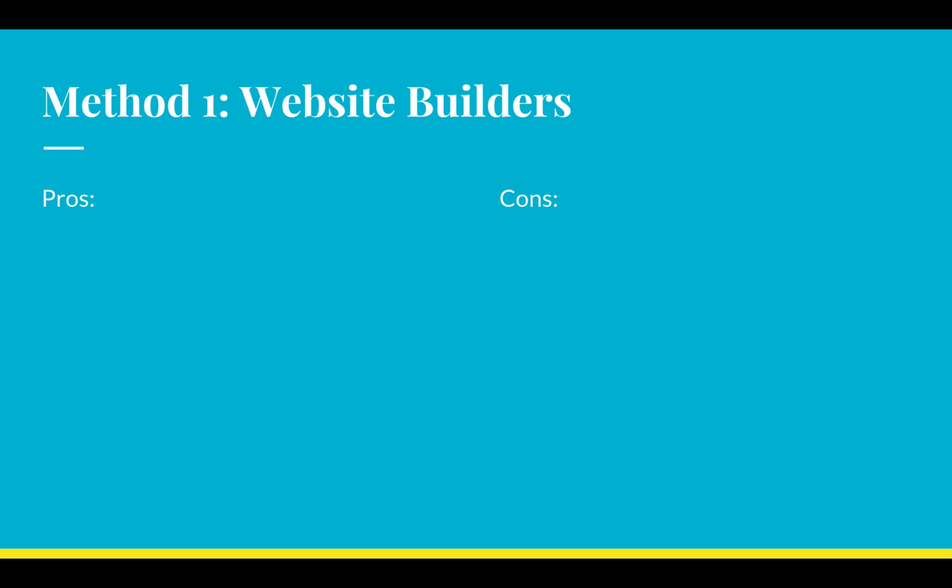The first method will be to use website builders. Website builders are tools that typically allow the construction of websites without manual code editing. Some of the pros are that it is the most beginner-friendly of the three methods. A lot of these website builders are simply drag and drop, so it abstracts a lot of the technical detail away from the person building the website into an easy-to-use interface.